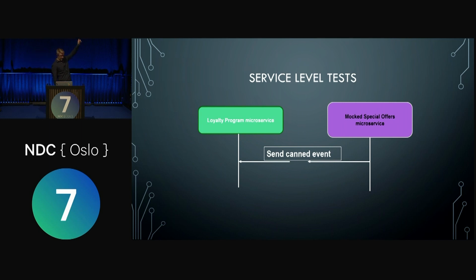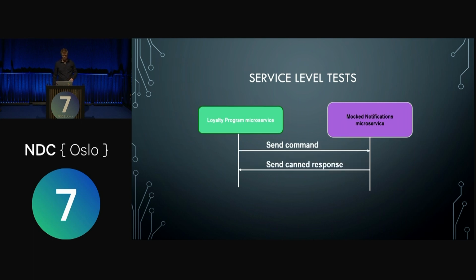And then we have a mocked special offers microservice, and we'll get a little bit back to what mocked even means. It sounds bigger than it is. It's really small, you will see. But what we need is something that sends an event over Rabbit, and we just send a canned event, just something hard-coded, because then we know how the loyalty program is supposed to react, right?